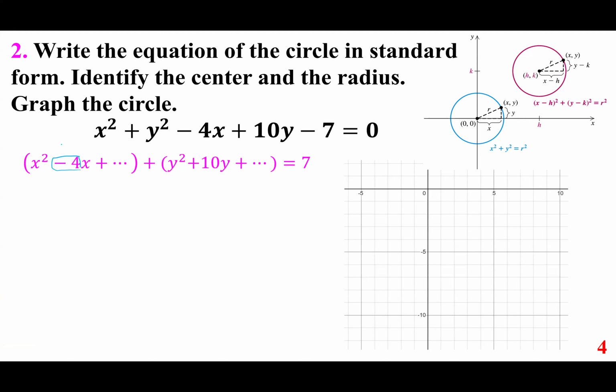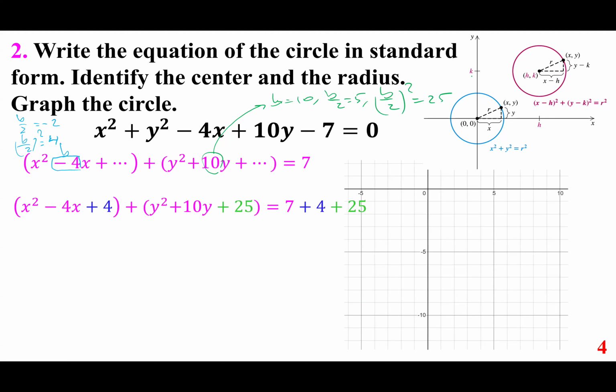In this case, this is b, divided by 2 is -2, squared is +4. We're going to add 4 to both sides. This one, b, is 10, divided by 2 is 5, squared is 25.